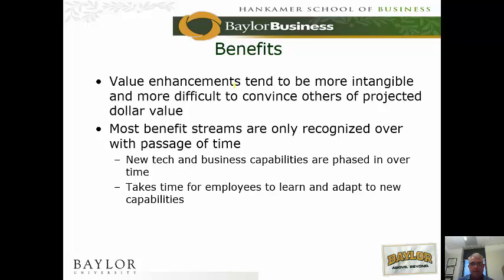Well, how do you put a dollar value on that? I mean, it's difficult. We're going to implement a CRM system in this company, so how do you quantify the benefits of that over time? It can be difficult.